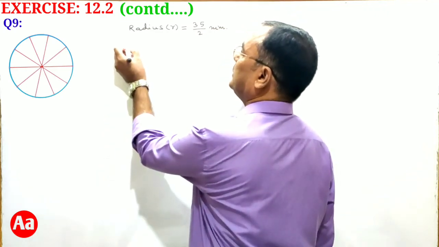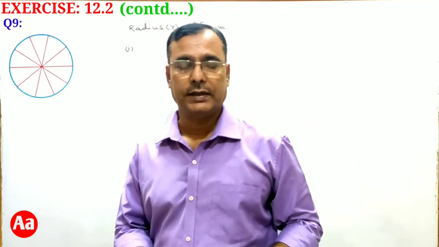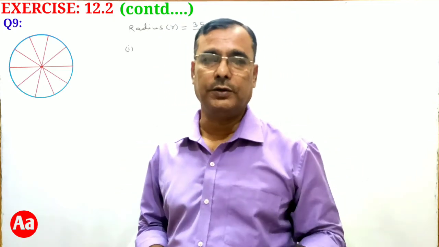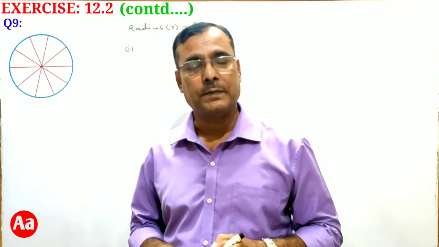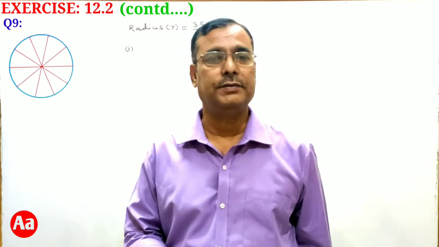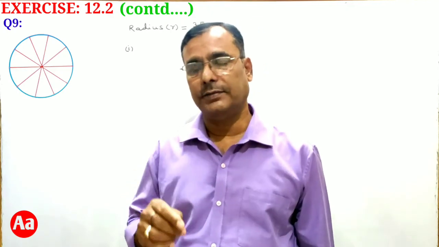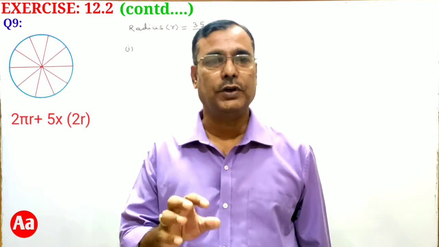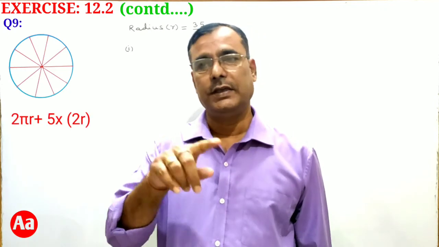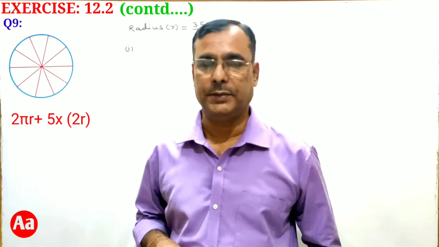In first part we are going to find total length of the silver wire required to make one circular brooch in which 5 diameters are also made with silver wire. So what will be total length of the silver wire required in one brooch? That will be circumference 2 pi r plus 5 diameters.